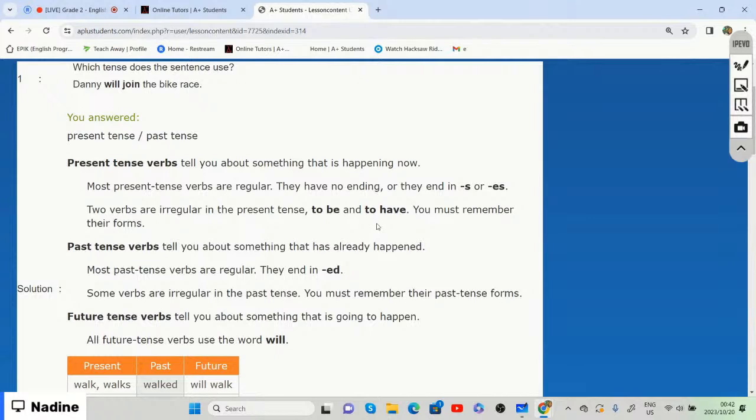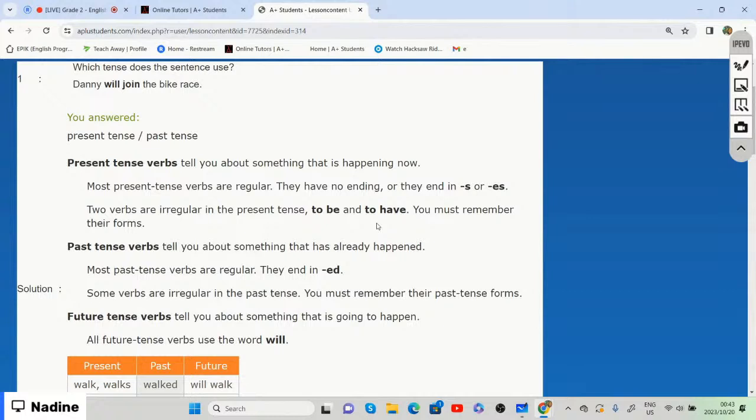And then we have the past tense verb, and this tells you about something that has already happened. Then we had words like skated, danced. Those are all words in the past tense. And we said when it comes to the past tense, most of the verbs are regular.